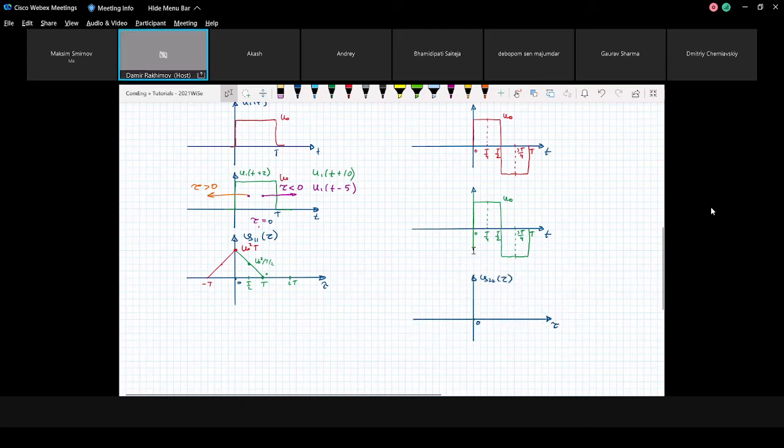Okay, if I calculate first, we always start with the point that corresponds to 0 delay. If I try to calculate correlation for 0 delay, what do I get?